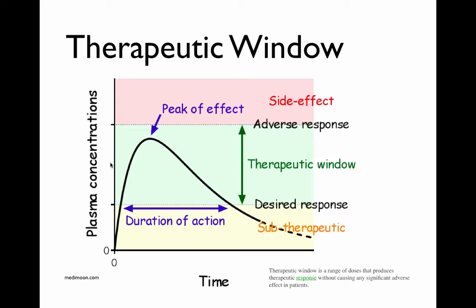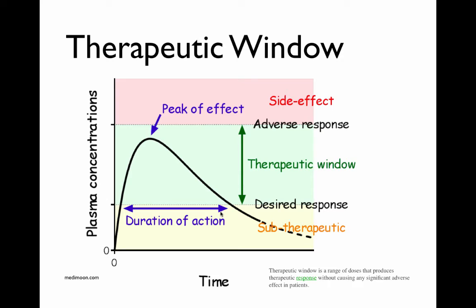This is why plasma is always the first compartment, and it's always incredibly important to know the concentration in the plasma. So here's the therapeutic window graphically. This is plasma concentration levels over time. Here's the curve. You should be able to recognize this as a one compartment model curve with absorption.